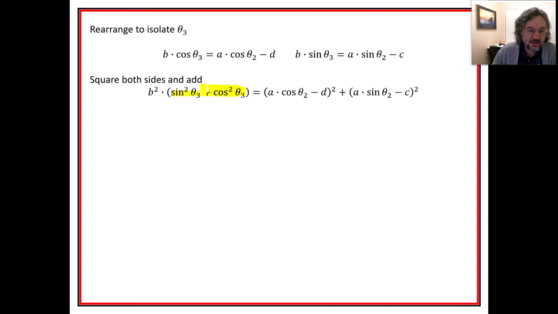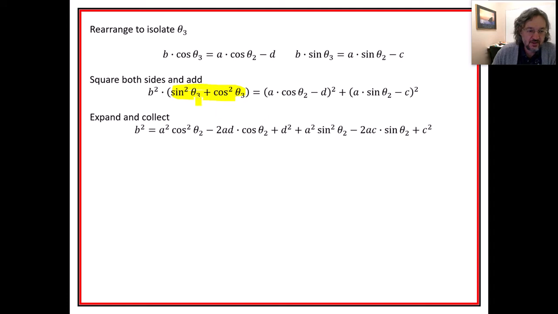We're trying to make that into 1. That's what we've done right there, and when we square these, of course, we're going to use the FOIL method, and then these things are going to be drawn out, and we're going to collect some terms.